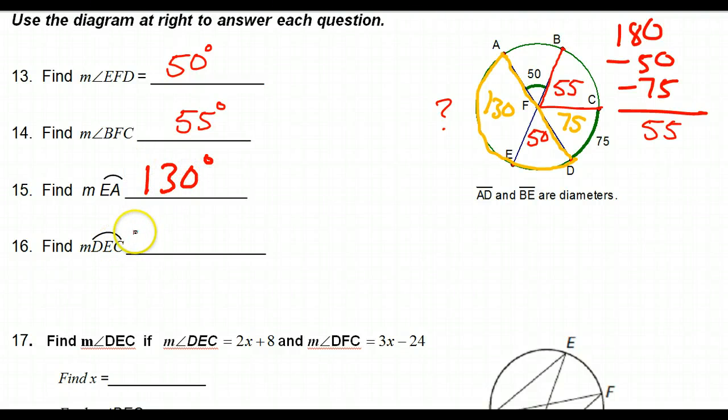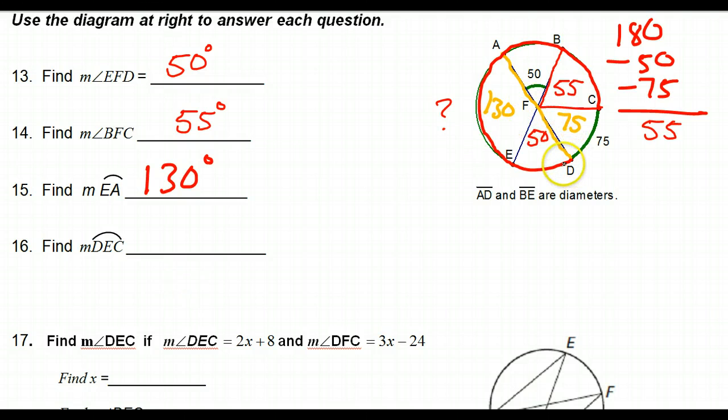Okay, last one from this part. The measure of arc DEC. Alright, DEC, okay, that's going to be the long way around from here all the way around to there.